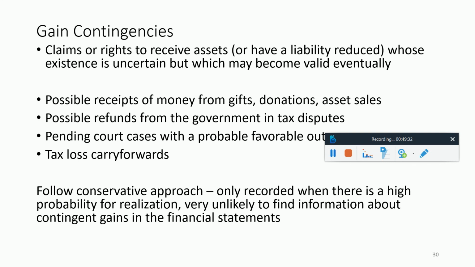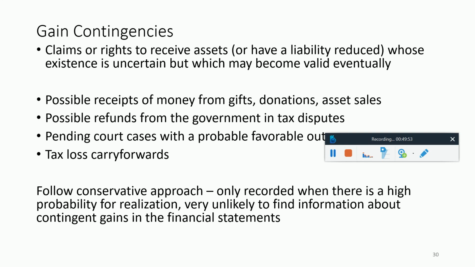Some gain contingencies can arise from refunds from the government in tax disputes, pending court cases where maybe the outcome is going to be favorable to us as the company. They also could be receipts of money from gifts, donations, asset sales, etc.